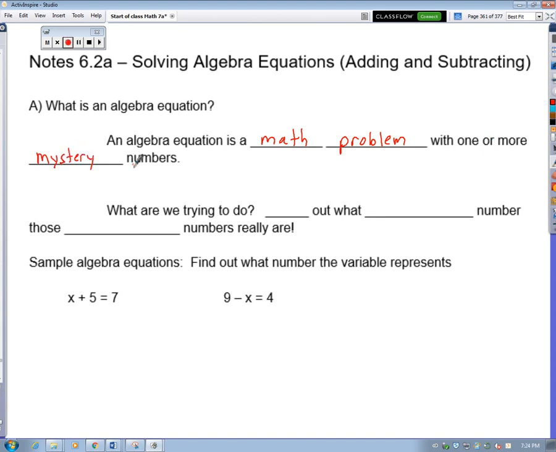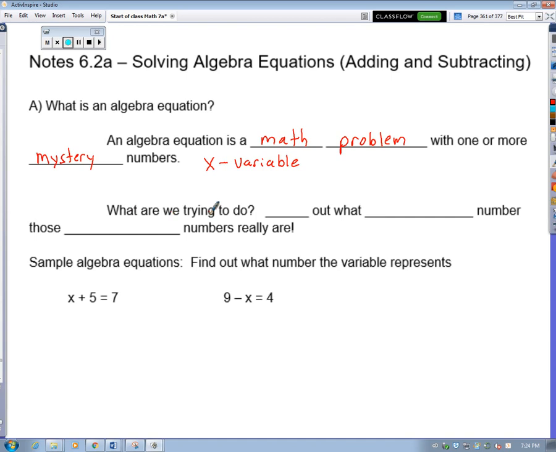When we have a mystery number, a number that we don't know what it is, what they give that in math is a letter. Usually it is x, and it is a variable. That letter represents a mystery number. We don't know what it is, and the whole goal of solving the algebra equation is to find out exactly what number that letter represents.